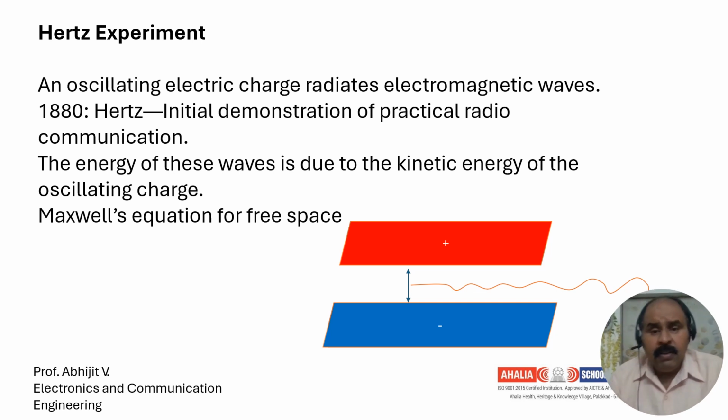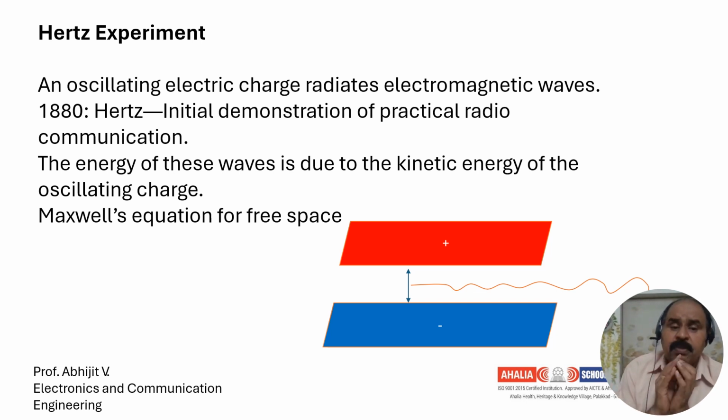It all began in 1880 when Hertz demonstrated that electromagnetic waves could be used to transmit information from one point to the other wirelessly without the use of any kind of wires.